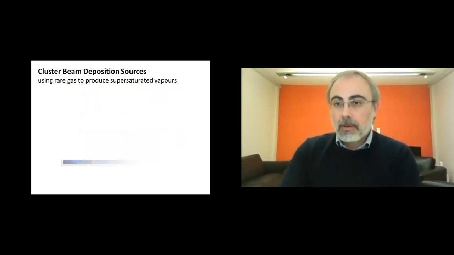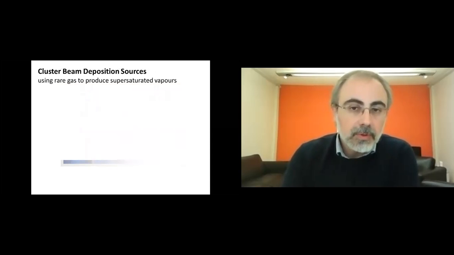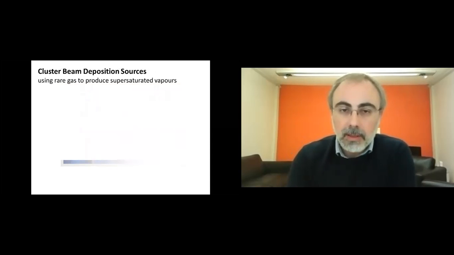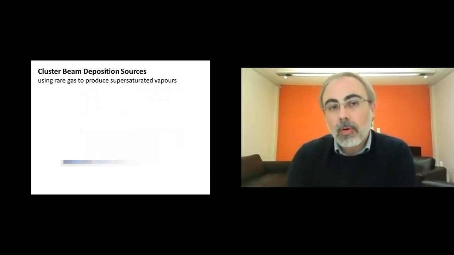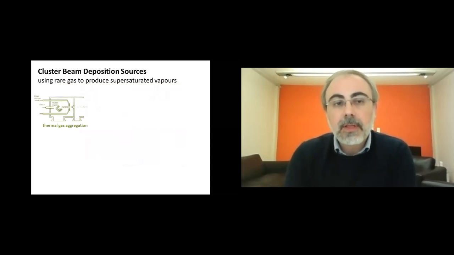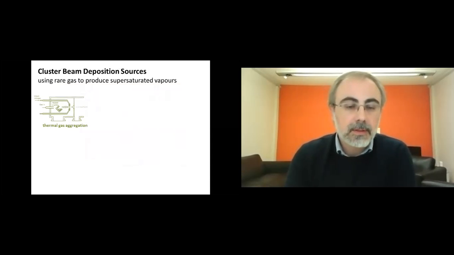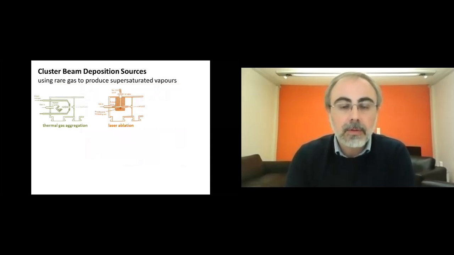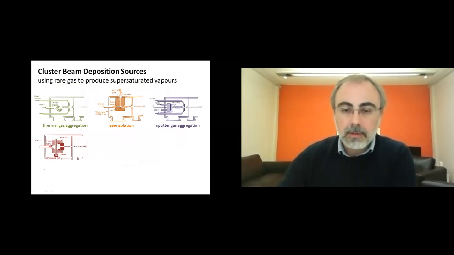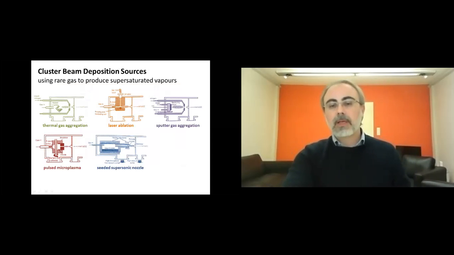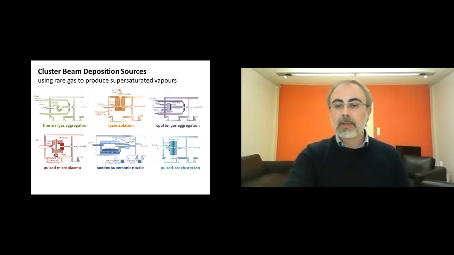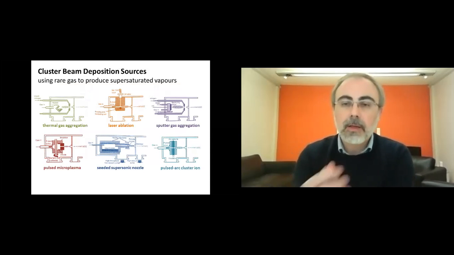Our group utilized cluster beam deposition to grow our nanoparticles, a physical vapor deposition method. The main idea is that there are plenty of different types of sources, such as thermal gas aggregation, laser ablation, sputter gas, pulse microplasma, supersonic expansion, and arc cluster ion sources.